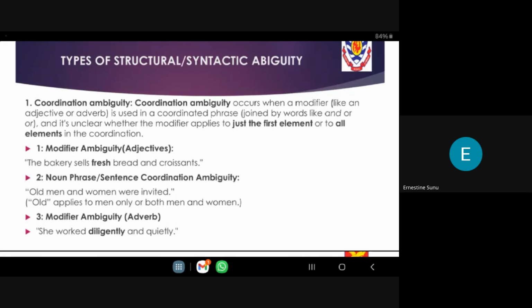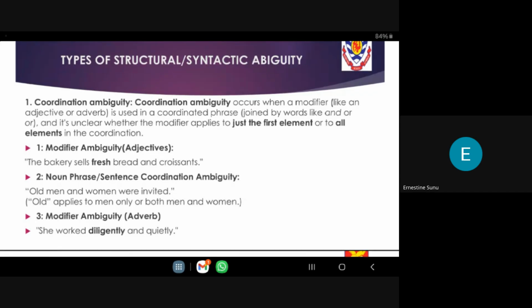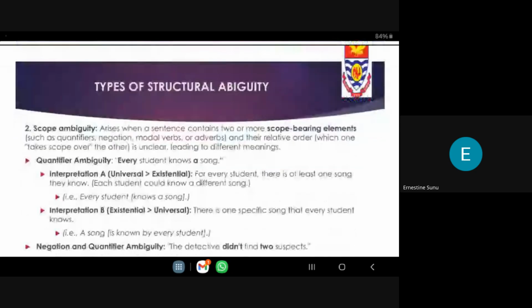So this can mean the bread alone is fresh and the biscuits are not fresh. It can also mean both the bread and the biscuits are fresh. So this is definitely a kind of coordination ambiguity because of the use of the and between the two nominal groups. Please, let's move to the next one.